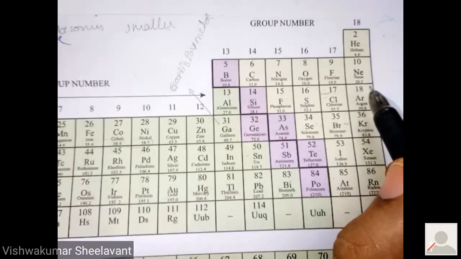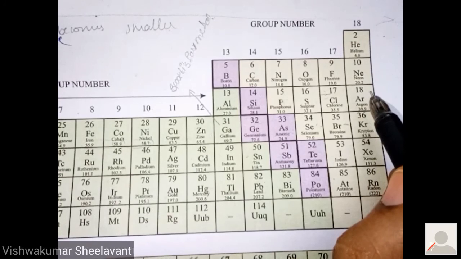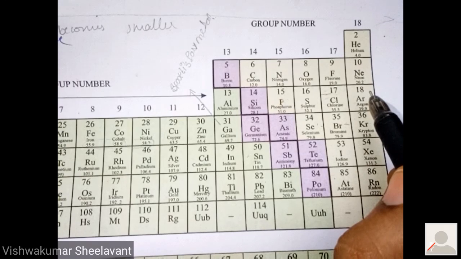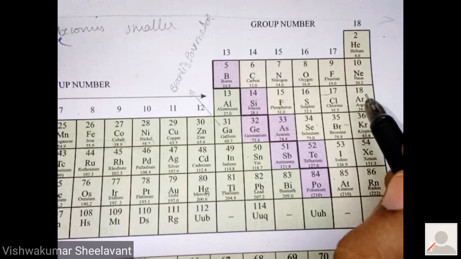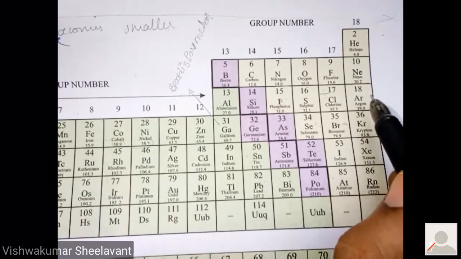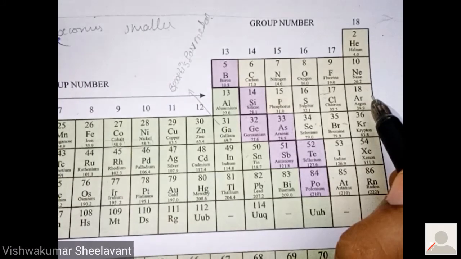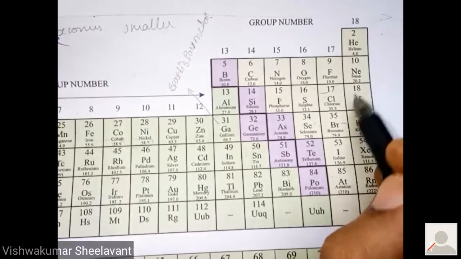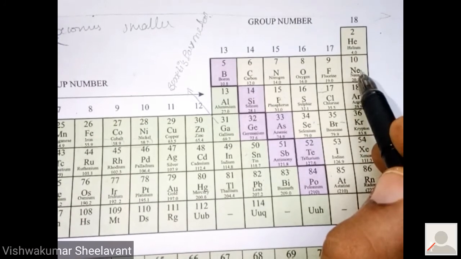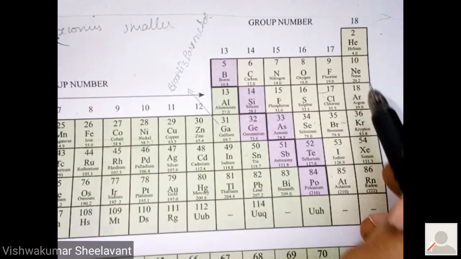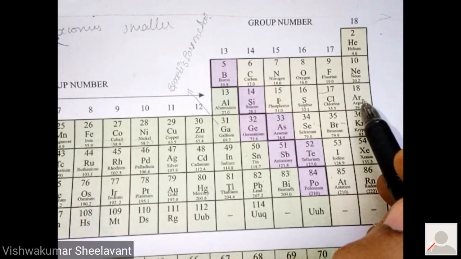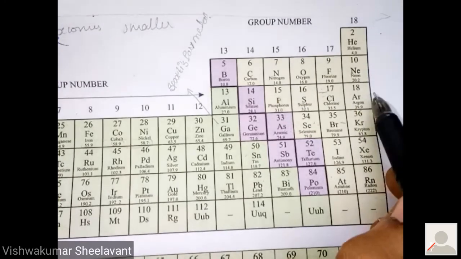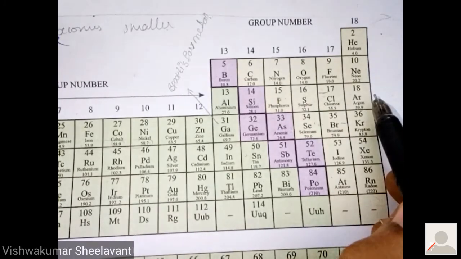Atomic number is 18. With 8 electrons placed in the third orbit, the total is 18, because first orbit 2, second orbit 10, plus third orbit 8. 2 plus 10 plus 8 becomes 18. So the third period ends with atomic number 18 and there are only 8 elements. Okay.